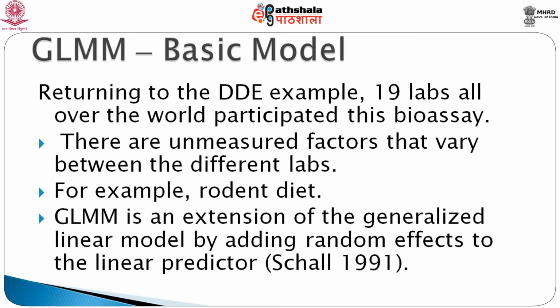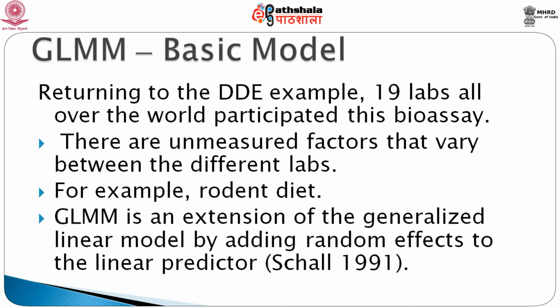So, this variation has to be taken into account in the model. There are unmeasured factors that vary between the different labs. So, lab to lab variation is represented by the unmeasured factors. For example, this variation may be due to the rodent diet, it is a rat diet.